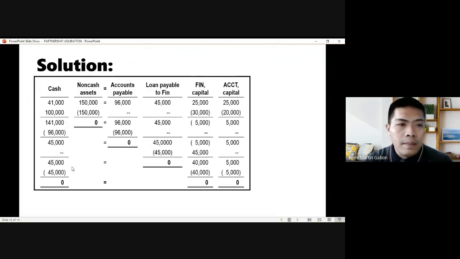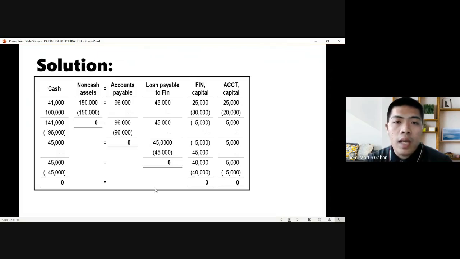Other than that, we will settle the accounts. The total capital to be settled is 40,000 for Fin and 5,000 for Act. So 45,000 in all, the same amount as the cash. So the 45,000 will be shared by Fin and Act. With a total of 45,000, cash becomes zero. Then distribute 40,000 to Fin and 5,000 to Act.